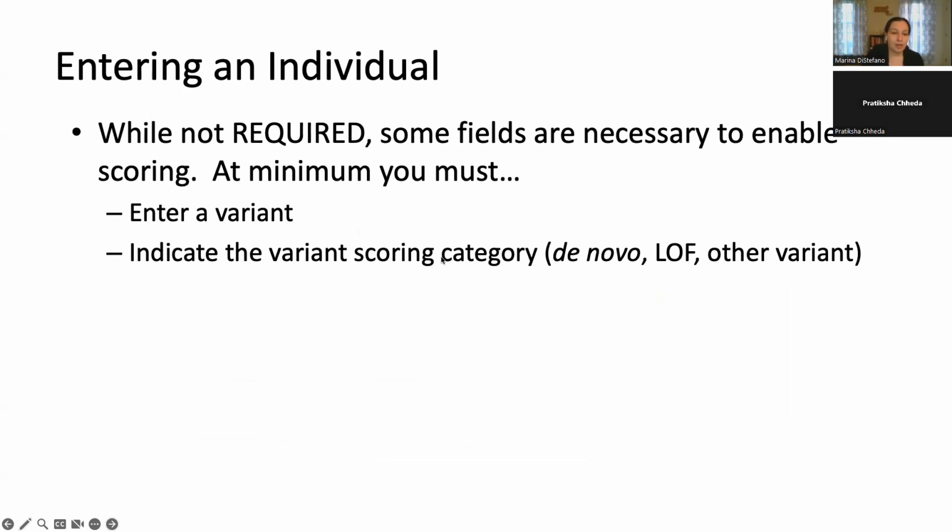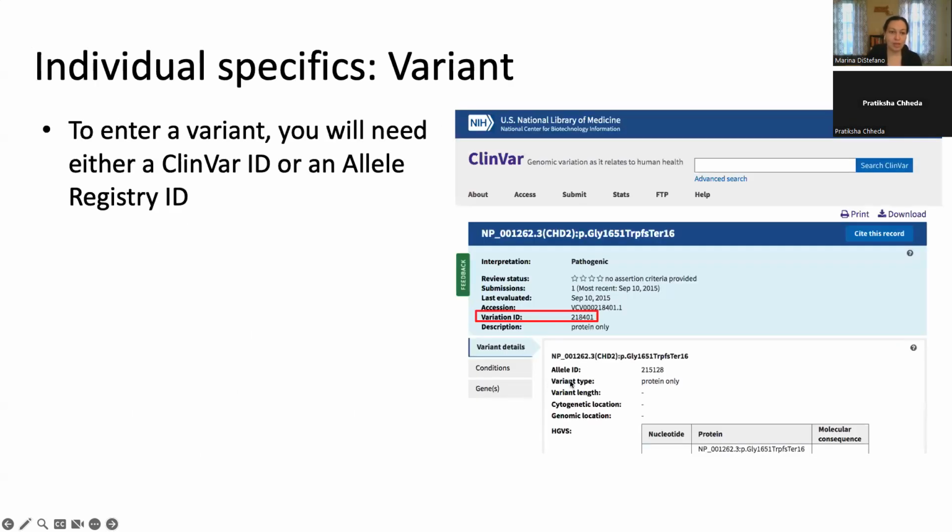Okay, so while not required, some fields are necessary to enable scoring. At a minimum, you have to enter a variant and choose the type of variant so that it can provide a suggested score. To enter a variant, you need an identifier so that we can pull up a standard piece of variant nomenclature.